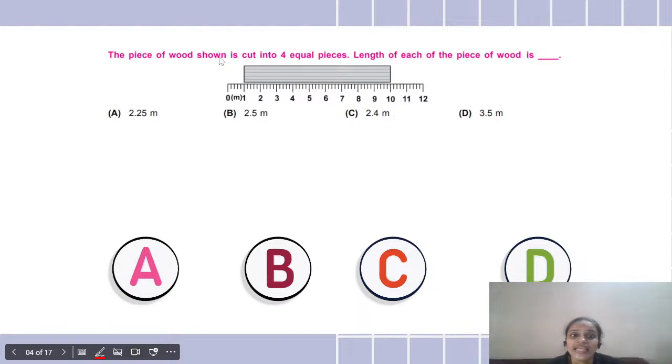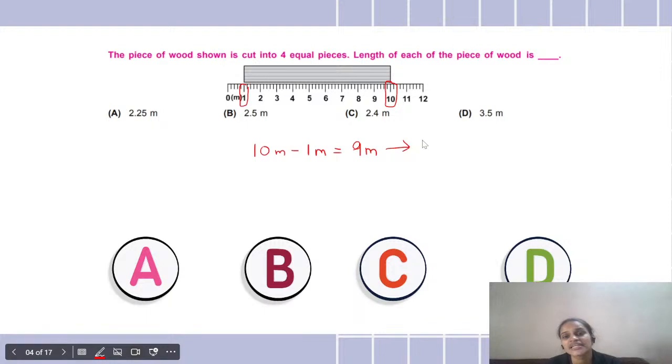As shown on the scale, I have placed it at 1 and it ends at 10, right? It starts at 1, it ends at 10. So first I'm going to find the length of this piece of wood. It ends at 10, so I take 10 meters minus 1 meter, which equals 9 meters.